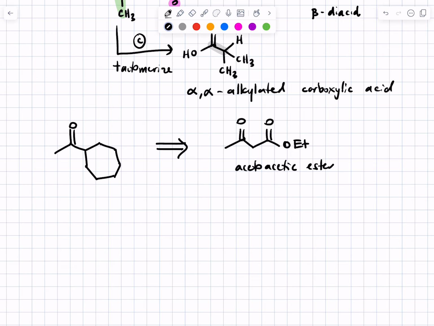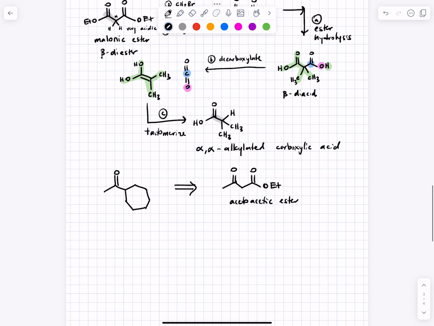Now, remember, the steps of malonic ester and acetoacetic ester synthesis are as follows. Deprotonate, alkylate. Do it again if you want. Deprotonate, alkylate. Then hydrolyze the ester, decarboxylate, and tautomerize.